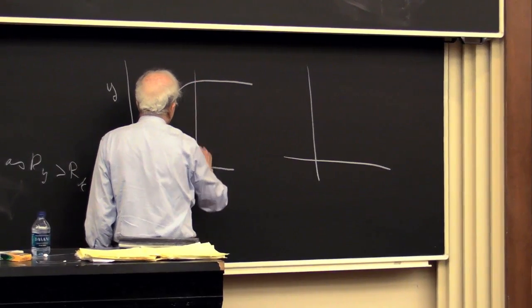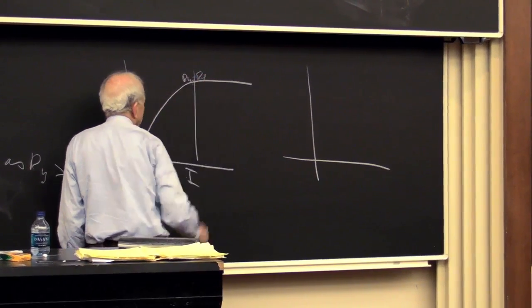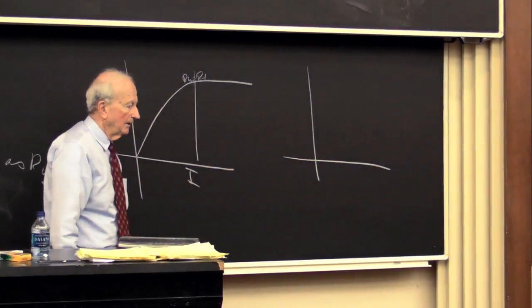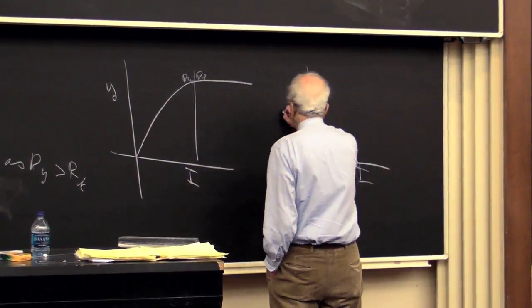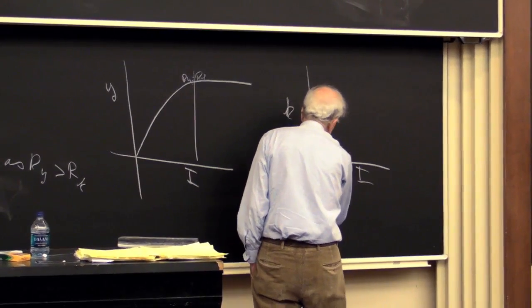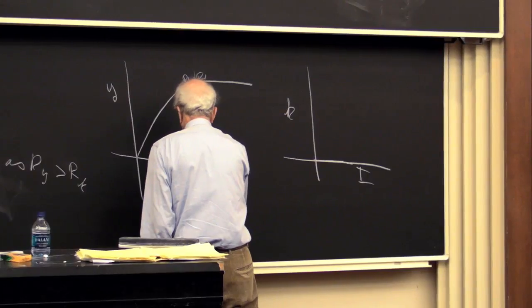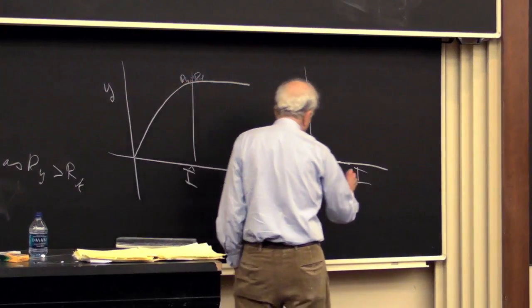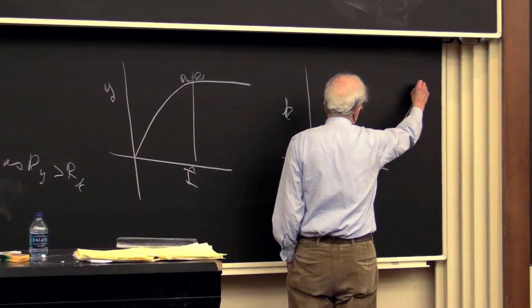At that point, R sub Y is equal to R sub K. Now we look at K. K is down here until you reach, let's call this point Y hat. You reach Y hat, K starts rising, maybe like that. This is K.